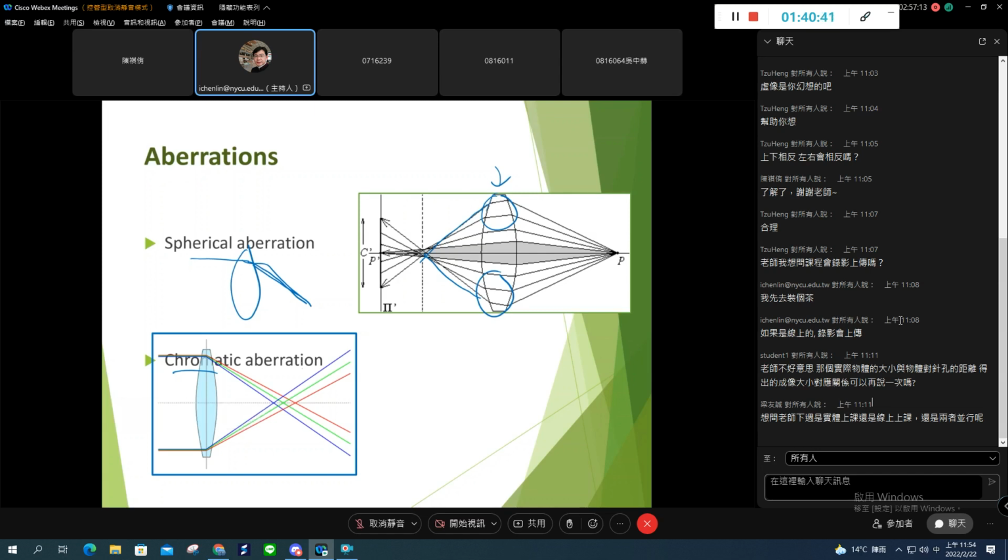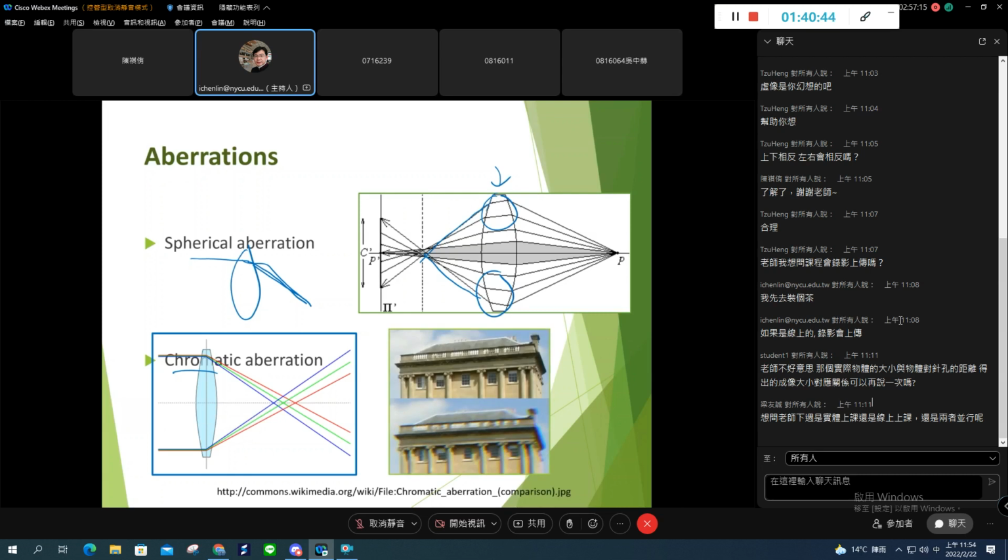So whenever you capture an image with RGB on a CCD, your image will be slightly blurred, right?